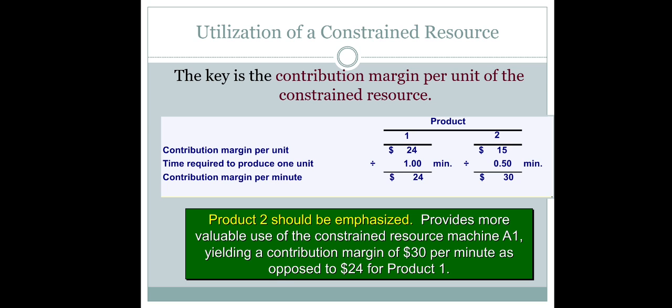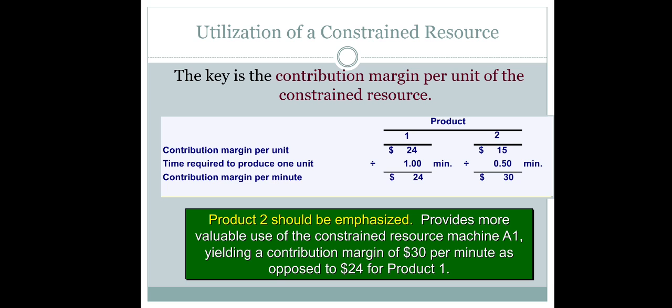Product 2 requires only 0.5 minute machine. So now you calculate contribution margin per unit. Sorry, per minute. Minute is the unit of the constraint resource, because the constraint resource is machine, so the unit for the constraint resource is one machine minute.